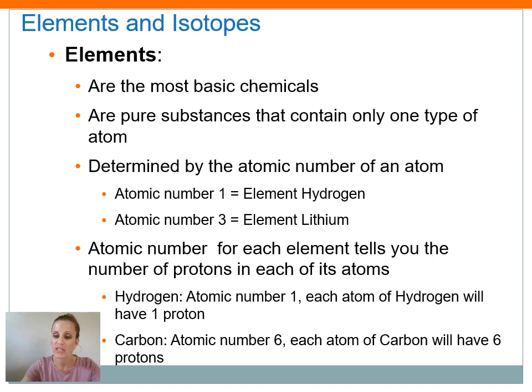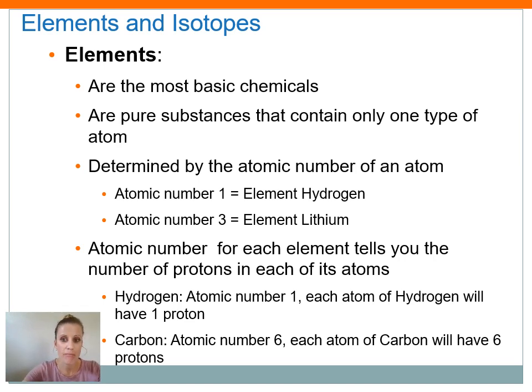When you look at the periodic table, each of these little squares will have a symbol in the middle for the element. So that's the symbol for hydrogen. Up at the top, you'll see the atomic number. So hydrogen, for example, which you see here, is atomic number 1. I'll tell you that atomic number tells us something about the hydrogen, which we'll talk about in a sec.